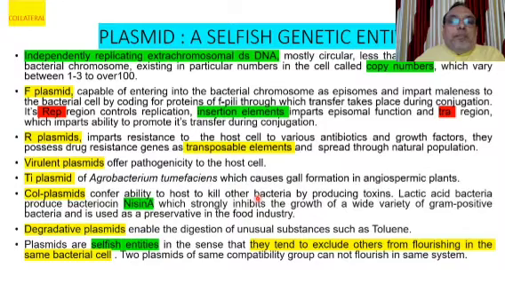That is, they synthesize substances which inhibit the growth of competitive bacteria or kill them altogether, so that the host harboring that plasmid has an advantage. There are degradative plasmids too.